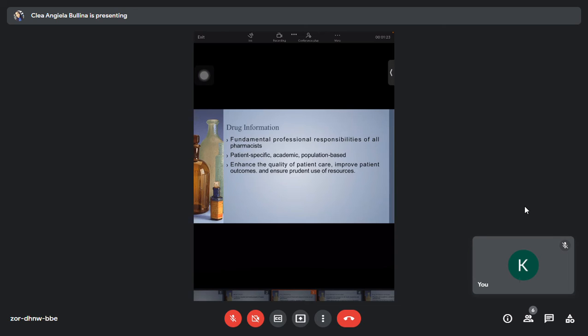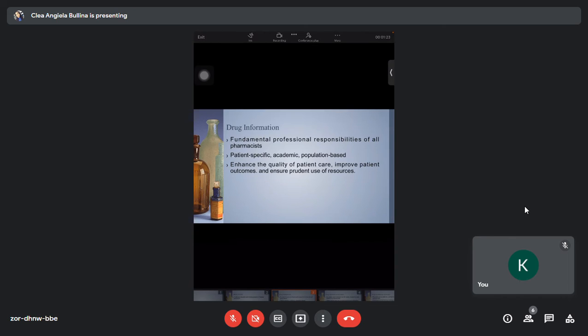Drug information may be patient-specific, academic, meaning for educational purposes, or population-based. When population-based, it aids in the decision-making process for evaluating medication use for groups of patients.